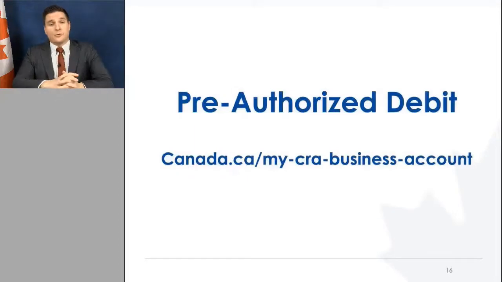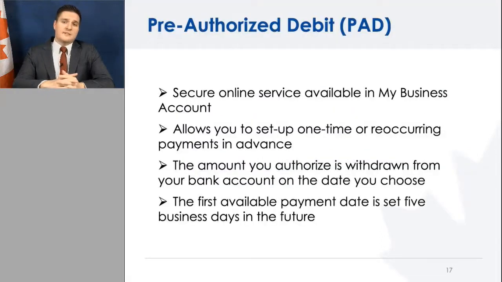Now we'll look at Pre-Authorized Debit, also known as PAD, found in My Business Account. A pre-authorized debit is a secure online service available in My Business Account. It allows you to set up post-dated payments to the CRA from your bank account on a one-time or recurring basis. This payment option is particularly handy if your payments are consistent.